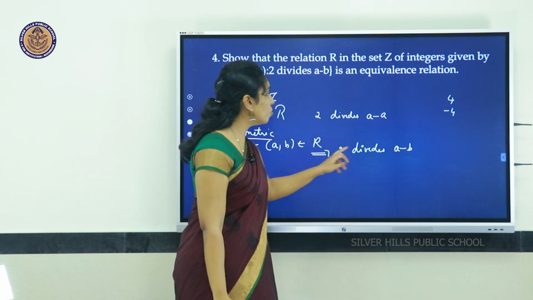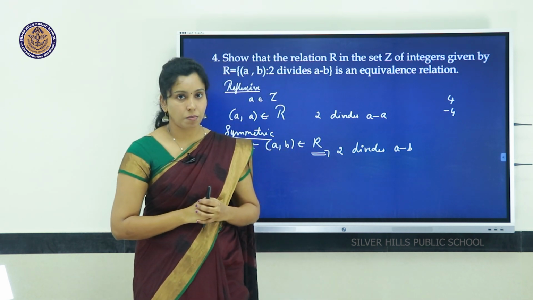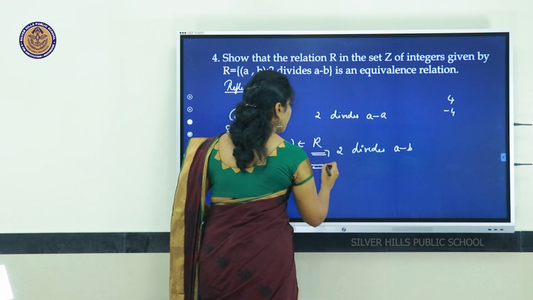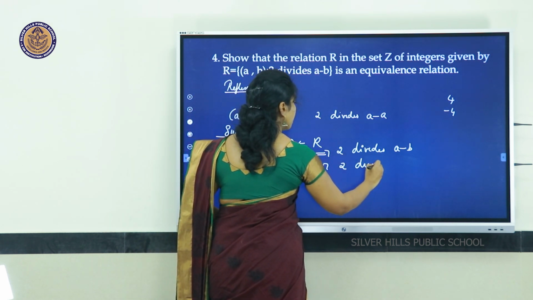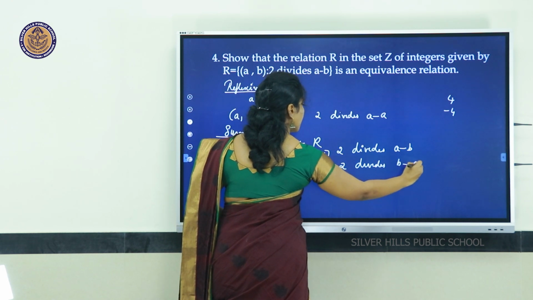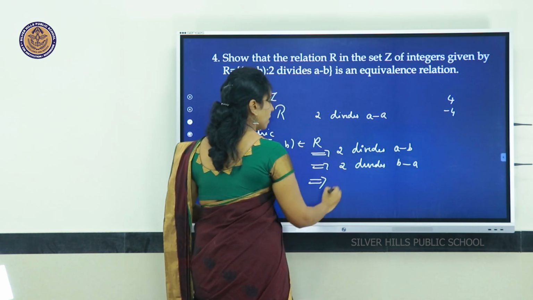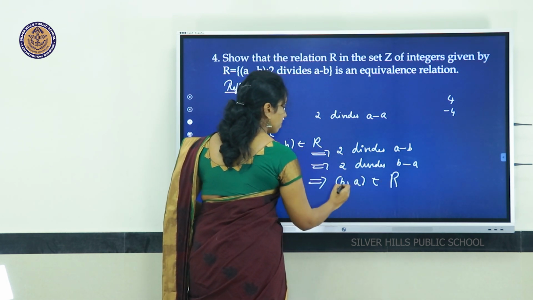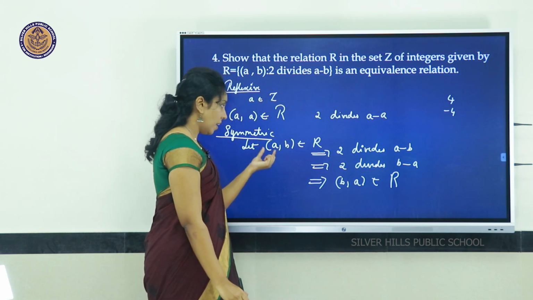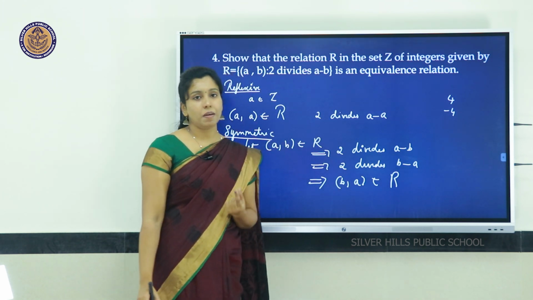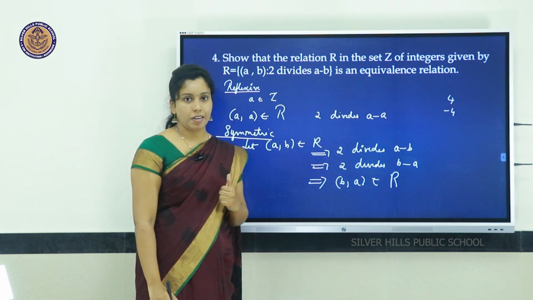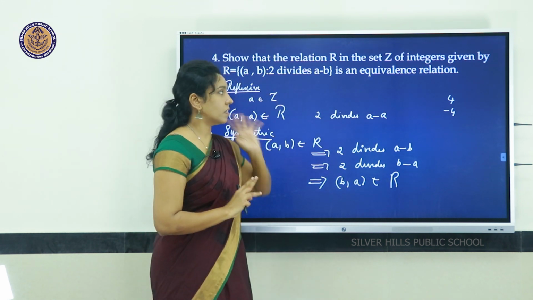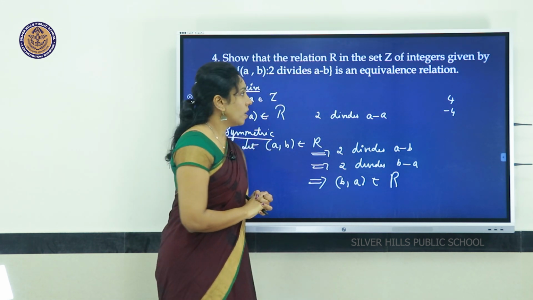And what is minus of (a minus b)? It's b minus a. This means 2 divides b minus a. What does that mean? (b, a) belongs to the given relation. So, we started with (a, b) belongs to R implies (b, a) belongs to R. So, this is symmetric. Now, we just have to prove the given relation is transitive so that it is an equivalence relation.